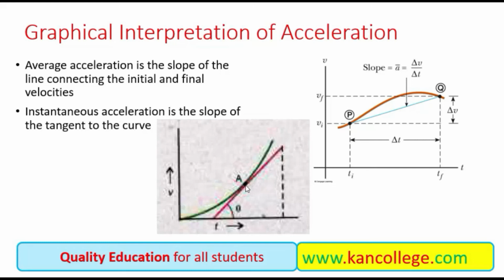we use the tangent to that point. For example, if we have a point A at which we want to calculate the slope of the line, or the instantaneous acceleration, how much acceleration or how much ability to change the velocity at that point.